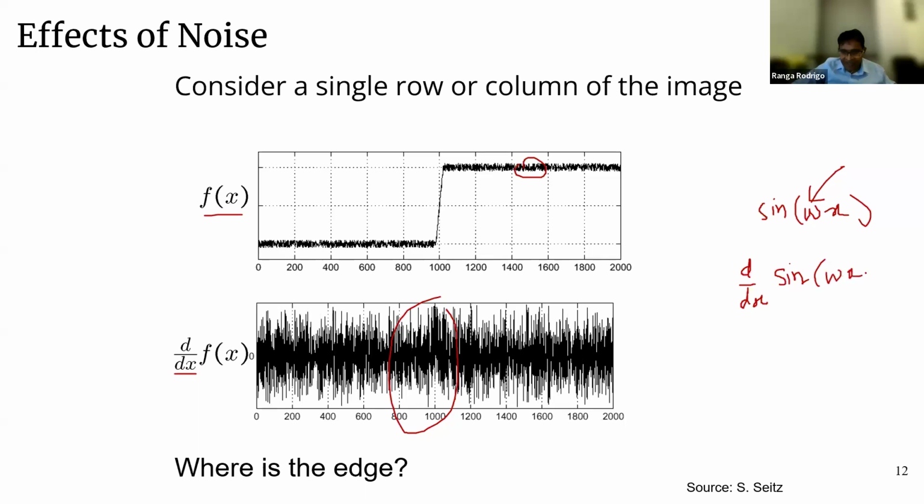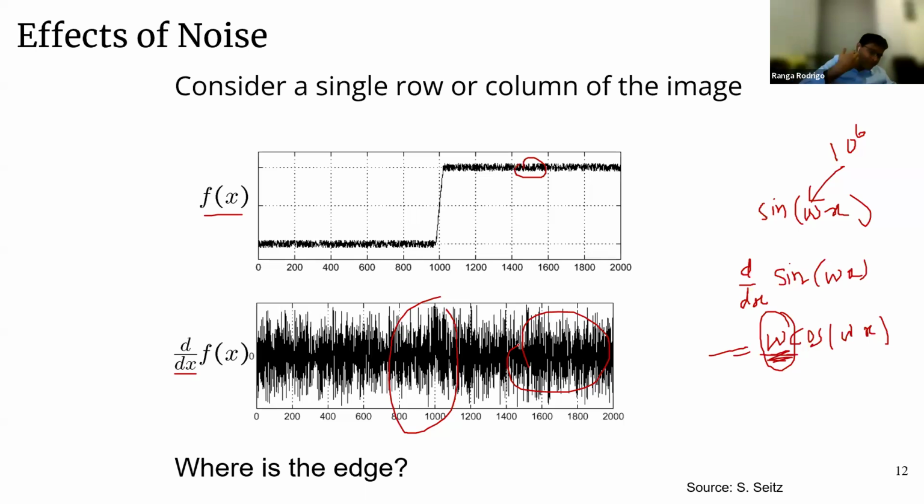What is the answer? You have omega cos omega x, right? I hope you remember the derivative of sin omega x. Omega cos omega x. So you get the omega in the front. So if this is like 10 to the power of 6, 1 million, you get that multiplied by 1 million. Noise amplifies. So that's what you see here. Due to the derivative, noise amplification has happened.